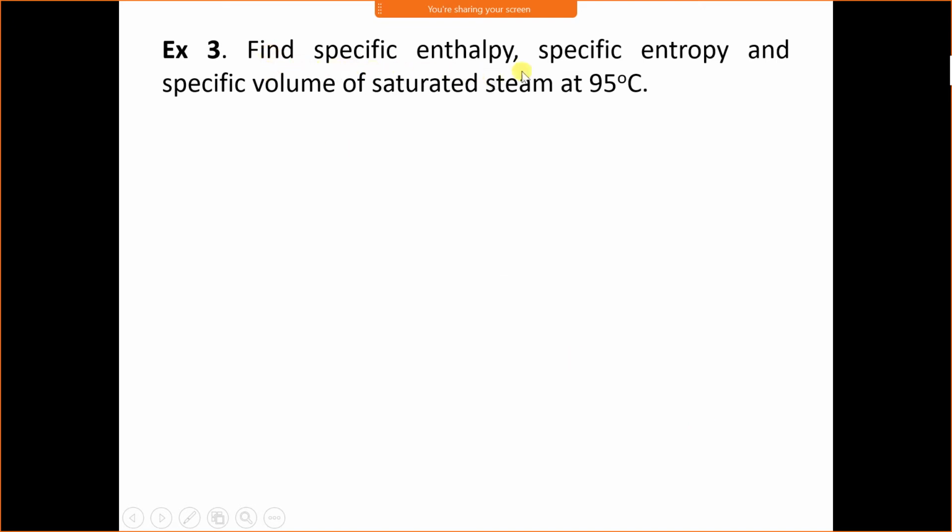Find specific enthalpy. Look here, I am writing specific enthalpy. Specific enthalpy represents the enthalpy for 1 kg. Find specific enthalpy, specific entropy and specific volume of saturated steam at 95 degrees Celsius.